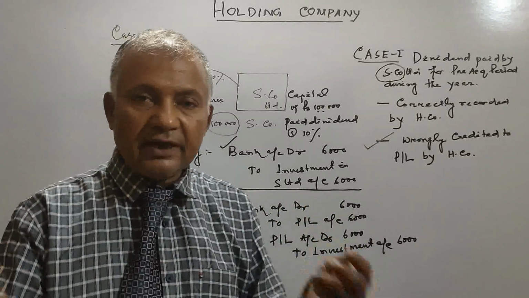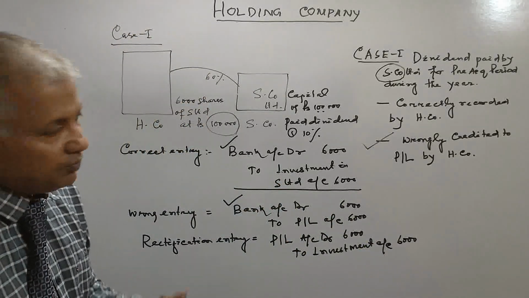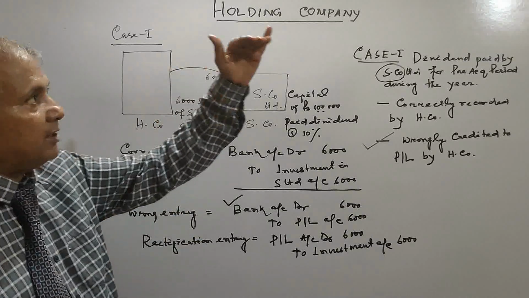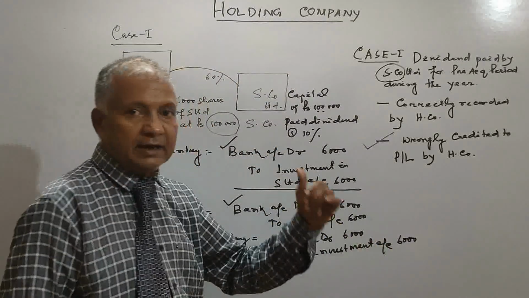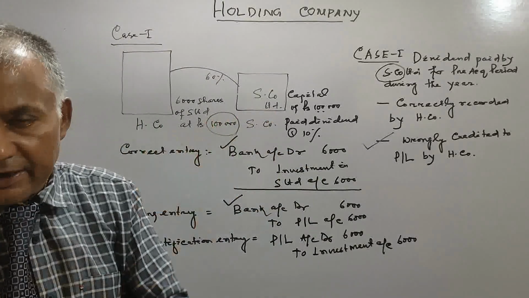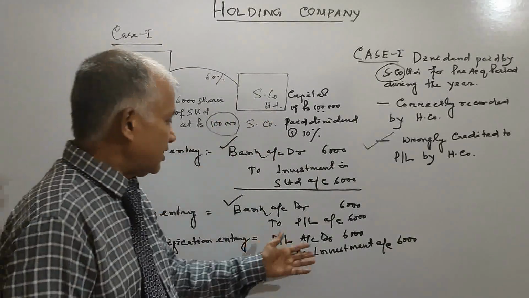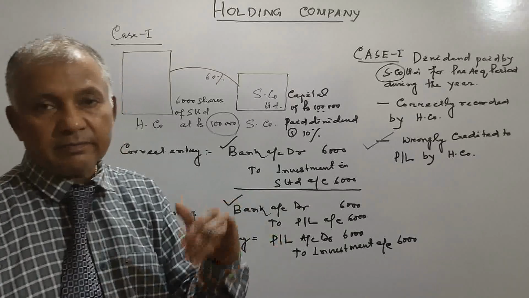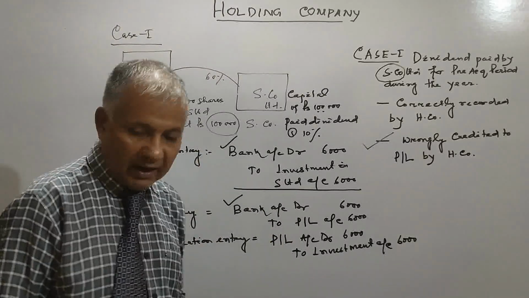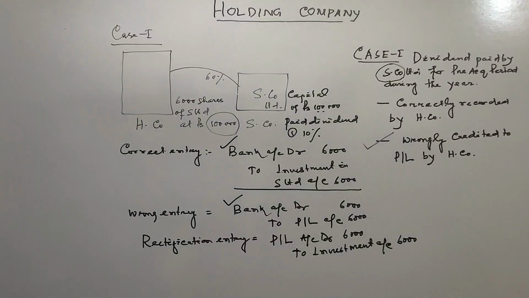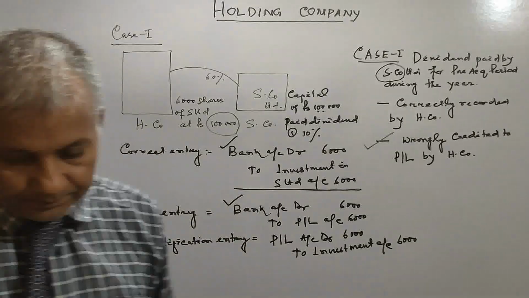PL is naturally a credit one. If we debit it, then PL will reduce. And investment is naturally a debit one. If we credit it, then investment will also reduce. Right?